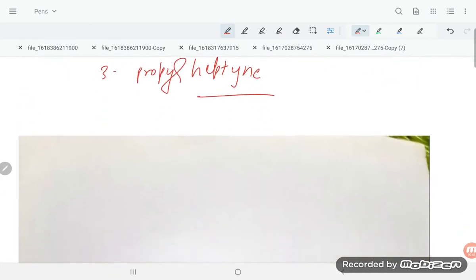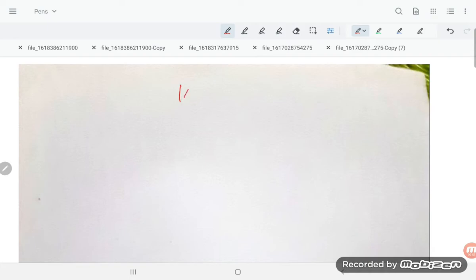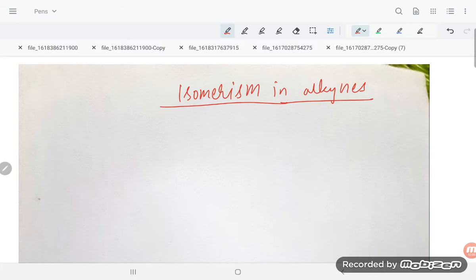Now we are going to understand isomerism. Let us try to understand isomerism in alkynes. Dear students, alkynes also show the simple type of isomerism, that is chain isomerism.